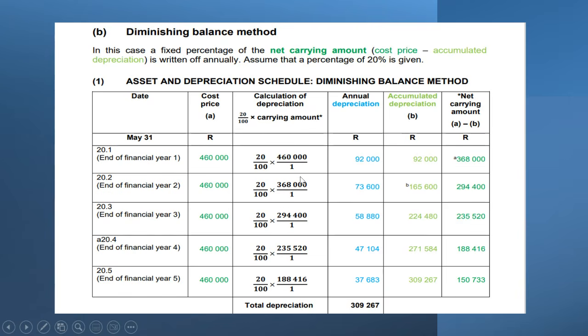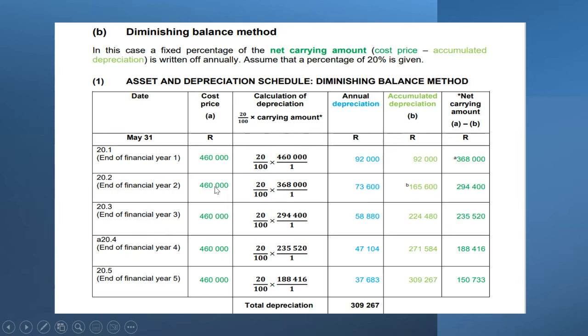Let's see then on year number 2, how are we going to calculate our depreciation? We said under the diminishing balance method, we calculate the depreciation by saying cost price less the residual value less the accumulated depreciation. So now it's year 2. What is our cost price?